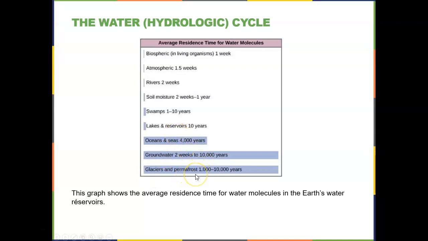Only in a much smaller and decreasing amount do we see that water molecules spend time in other components of the hydrological cycle. In a living organism, a water molecule is going to spend only about a week before it moves on to another portion of the cycle.